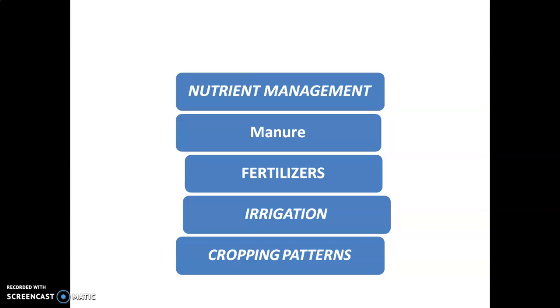We have to take care in these 5 areas. Which are they? Nutrient management, manure, fertilizers, irrigation, cropping patterns. Today, we can discuss the first 2 approaches, nutrient management and manure. The remaining 3 we will discuss next week.